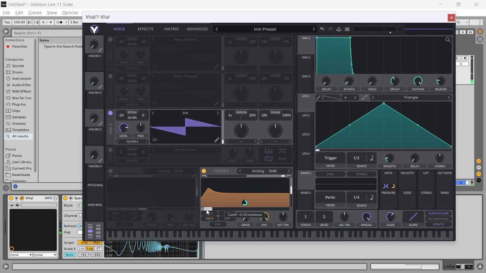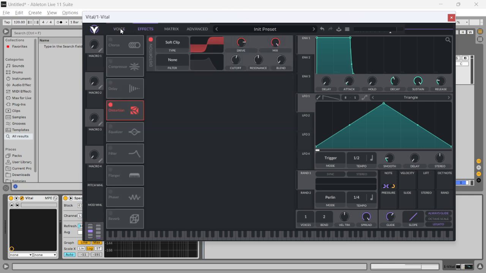The thing is that I don't want to go this low because we're getting some sub frequencies, but if I go above, it's enhancing a harmonic that I don't quite like.